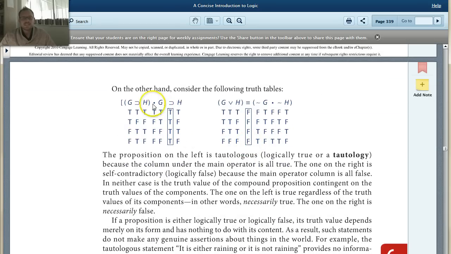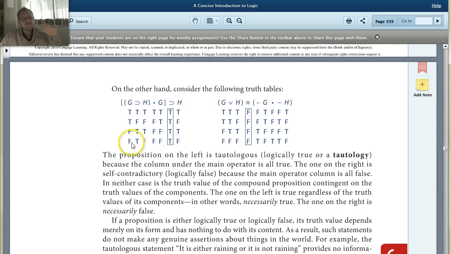You can see here, here's a tautology, right? If George goes to the party, then Harry's going to go, and George is going to go, then Harry is going to go, right? If I make that claim, that's true under every possible condition.